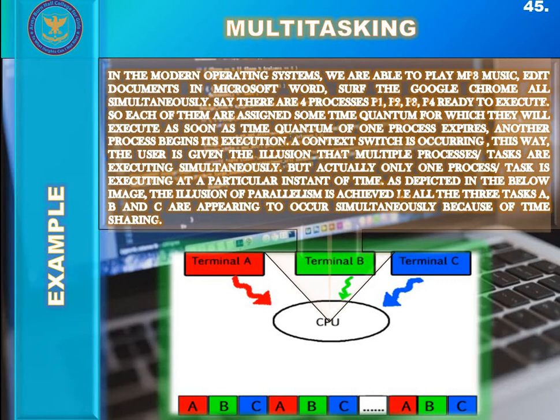As soon as the time quantum of one process expires, another process begins its execution. Like the time quantum of process 2 was 5 nanoseconds, and when the 5 nanoseconds expired, the CPU automatically shifted to process 3, the next process, for execution.